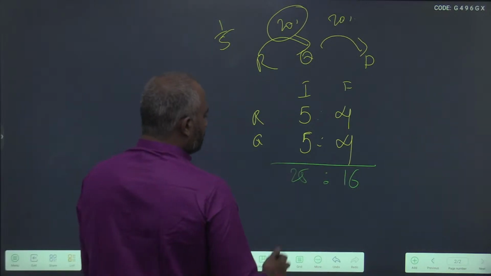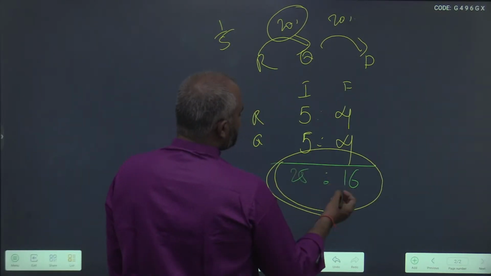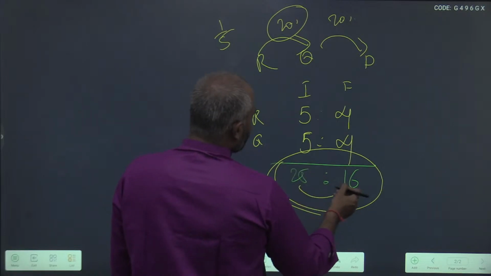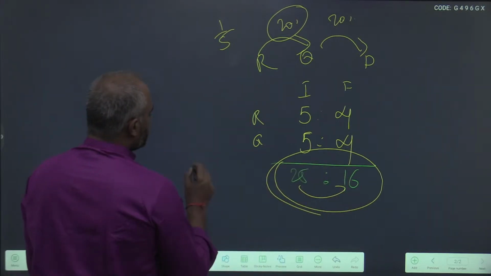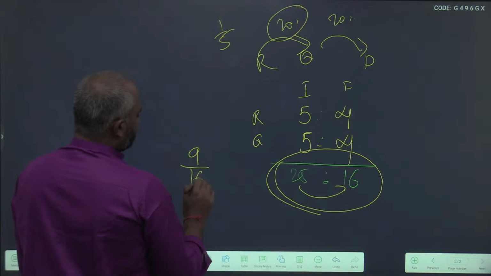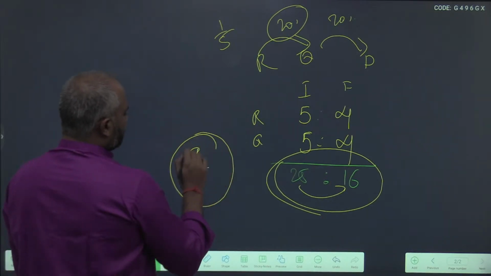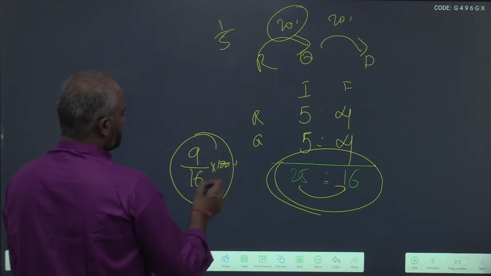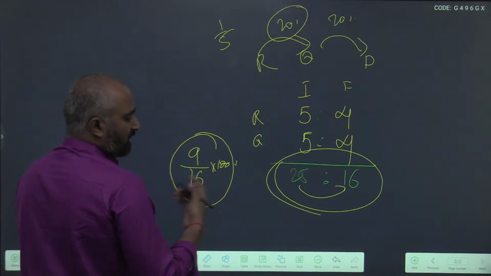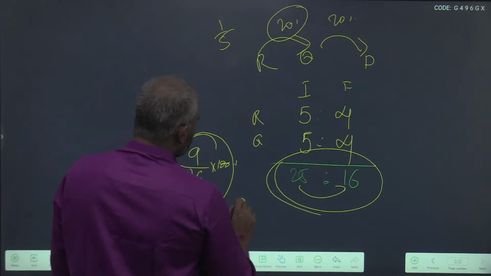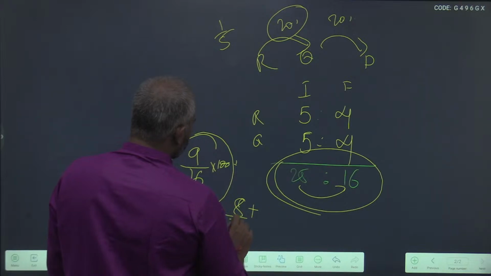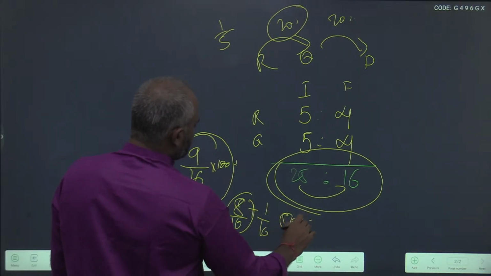And he is asking how much R is greater than P. What is the difference here? The difference is 9 on a base of 16, into 100%. So half of 16 is 8. So this is nothing but 8 by 16 plus 1 by 16. 8 by 16 is 50%, 1 by 16 is 6.25%.